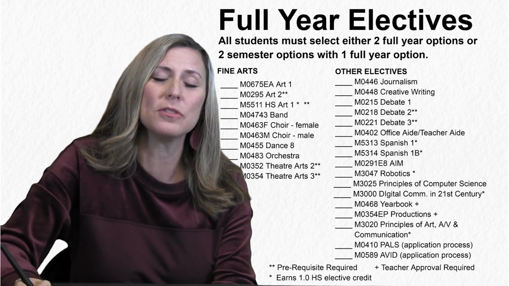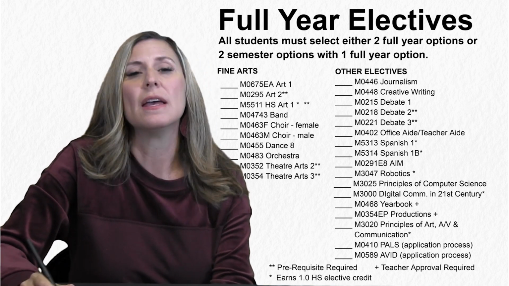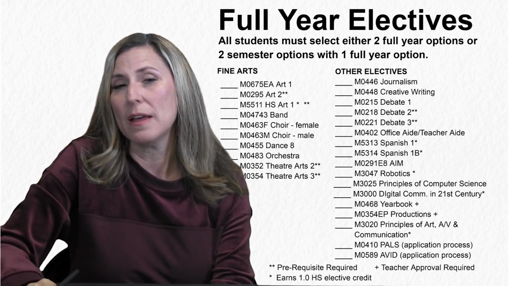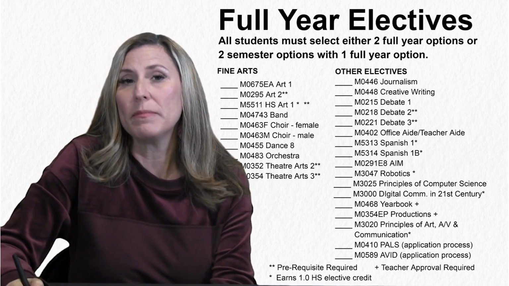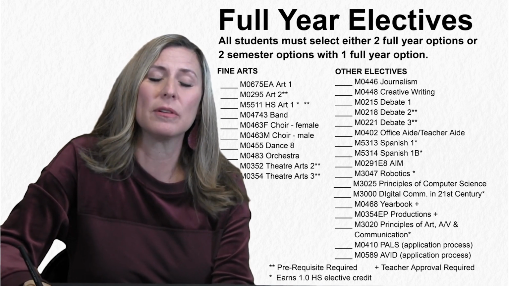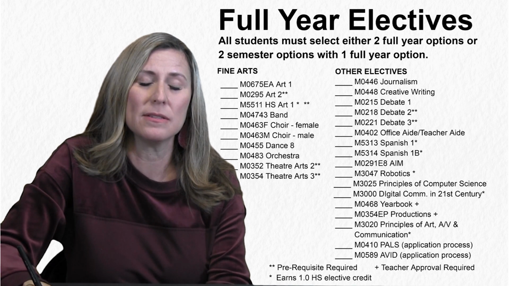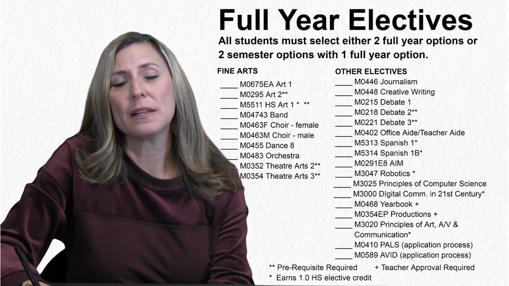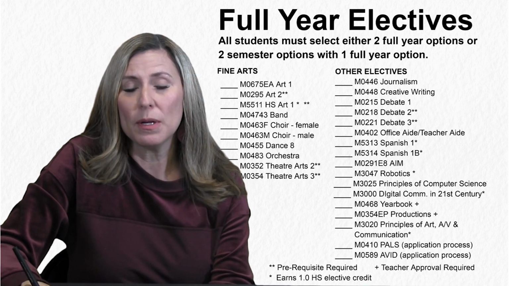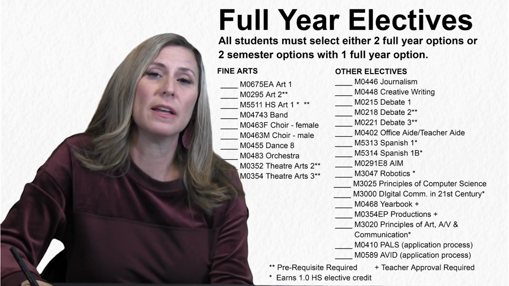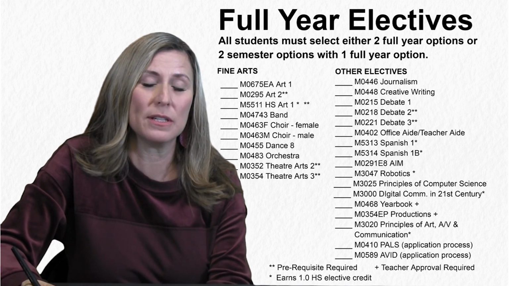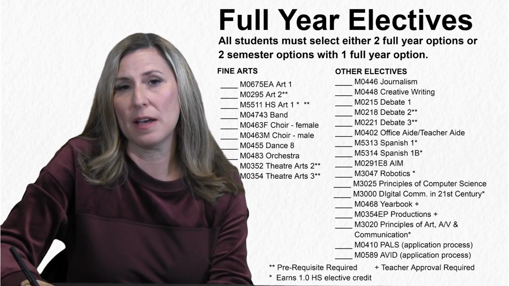I'm going to pick the first 2 that I really want, and then when I get to the alternates, I'm going to select 2 more that I'm interested in. This is just in case a class does not make, because we don't have enough people selecting the class. But also, we get classes that become full. If there's no room to put you in a class that you selected as your first 2, we're going to jump down and choose the next 2 alternates that you selected on Skyward.